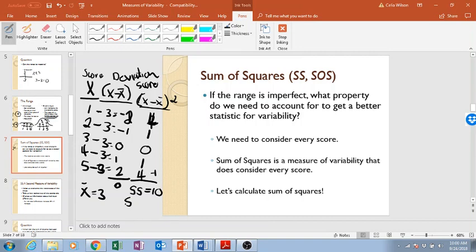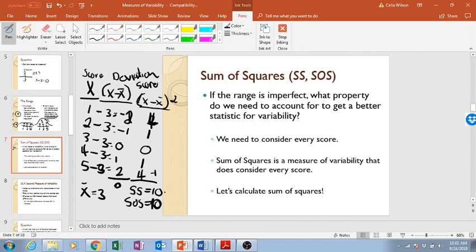Or you might see sum of squares written as SOS, which might be more fitting if you feel a little bit lost. But the sum of squares is simply a measure of how spread out our scores are, or how variable our scores are. It doesn't have, say, a minimum and a maximum or some bounds it can fit in.